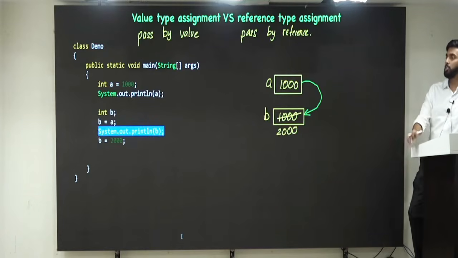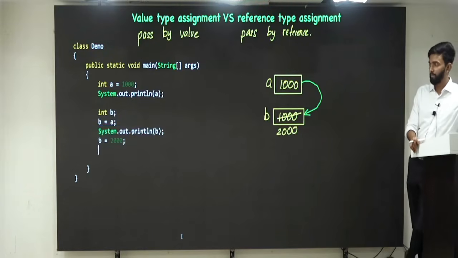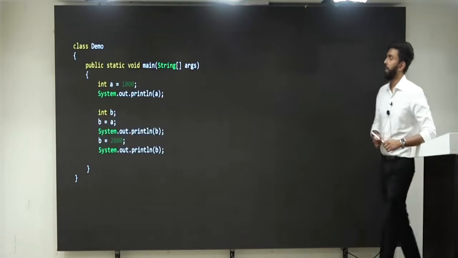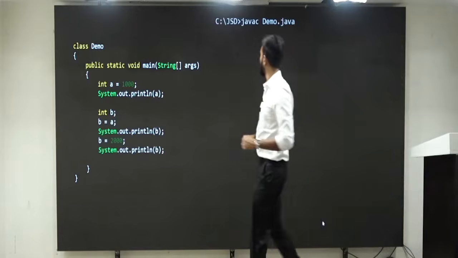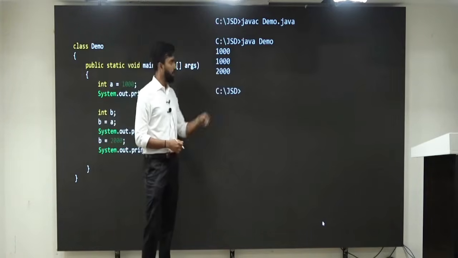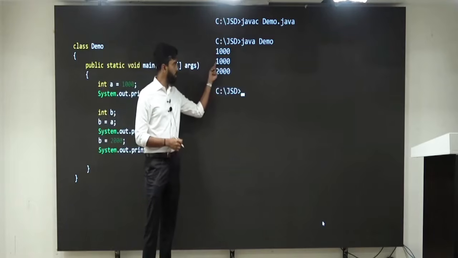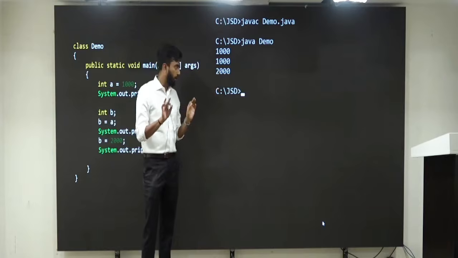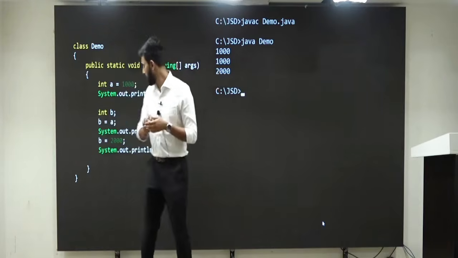System.out.println B. I am just copying that, pasting it again. Clear? Let's execute and check. If I compile it, no issues. If I execute it, this is A value, this is B value, this is again B value, 2000. Okay. Now I am asking you an interesting question.